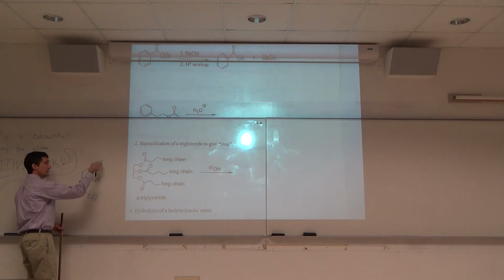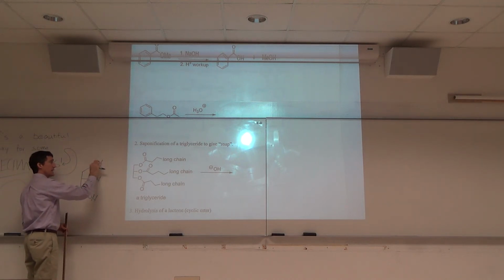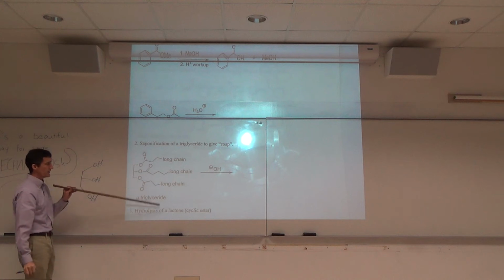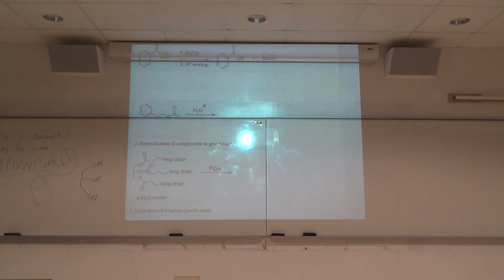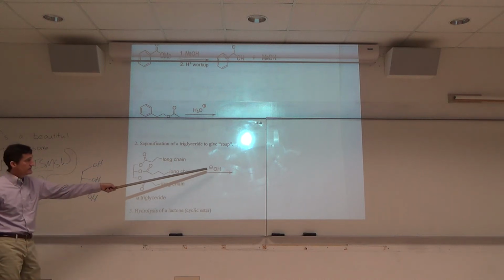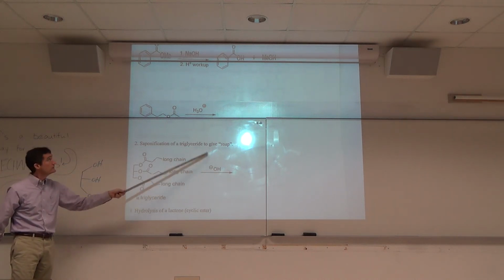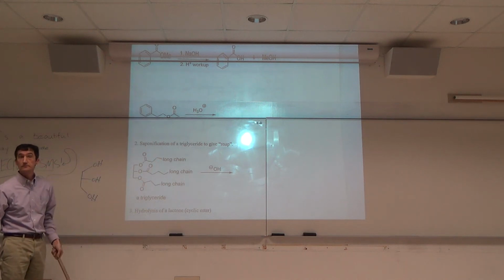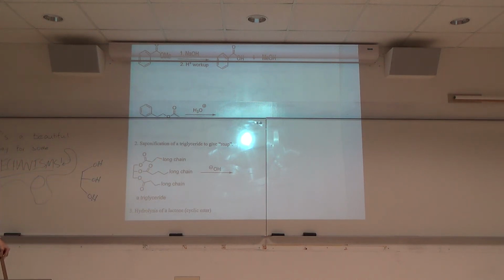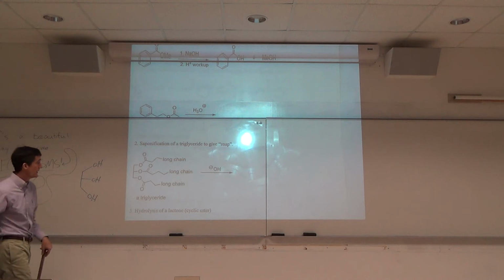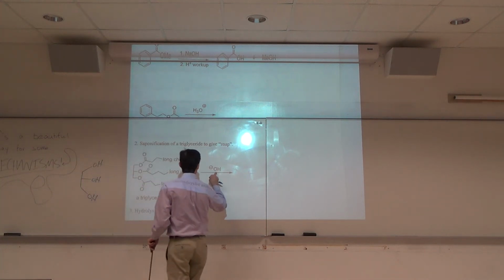If you make each one of these into a carbonyl, an R group, ester, ester, ester, you get a triglyceride. Okay? It's actually a triester. Well, what happens if you take an ester and heat it with aqueous base? Hydrolysis of the ester. And if you hydrolyze this, what are you going to get?